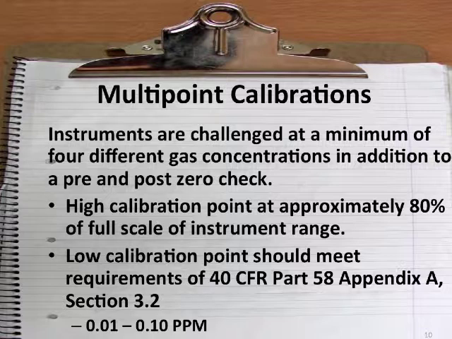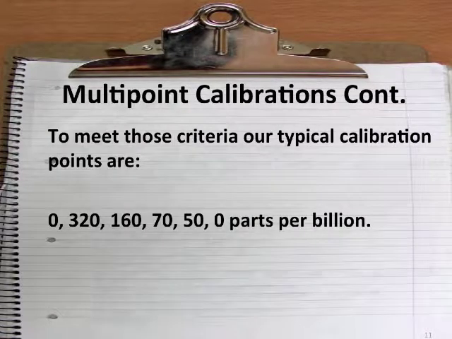And a low point should meet the requirements of 40 CFR Part 58, Appendix A, Section 3.2, which is 0.01 to 0.10 ppm. So therefore, to meet those typical criteria for our ozone calibrations, the points that we use, we have a pre and post 0, and then we have 320, 160, 70, and 50 parts per billion.